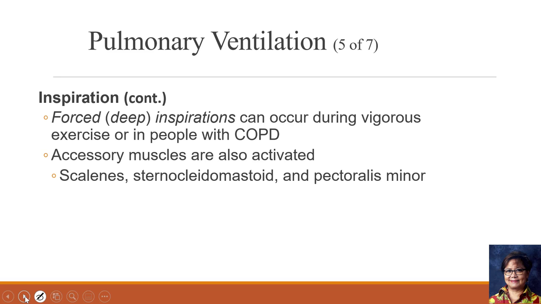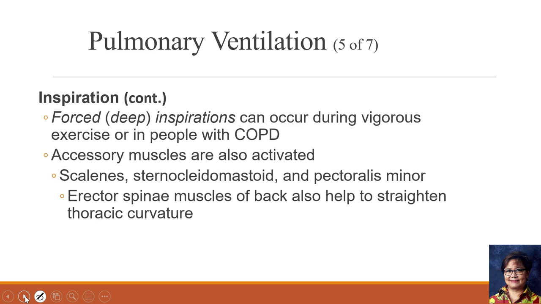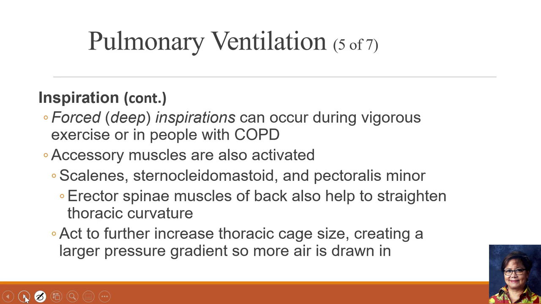They're also activated in order to force your thoracic cavity to expand out. Even your erector muscle, which is a muscle of the back, is also going to contract to help straighten the thoracic curvature. These accessory muscles will all act to further increase thoracic cage size, creating a larger pressure gradient so air is drawn in.